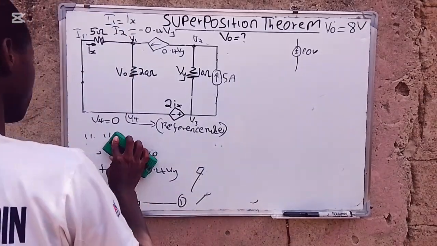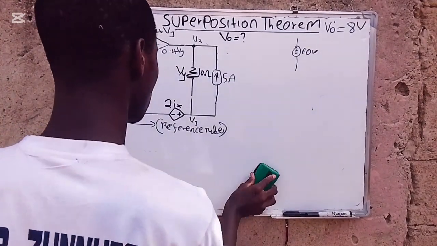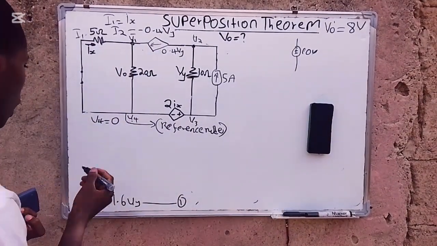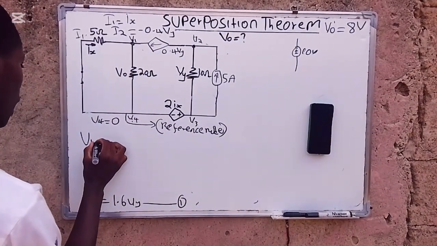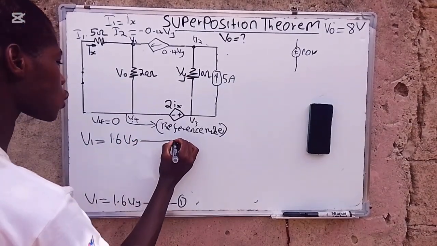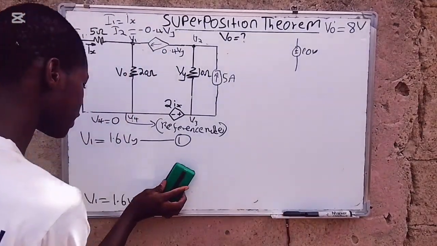Because the board is very small, let me just write the first equation and let's move to node 2, to see how we can find the second equation. V1 is equal to 1.6 Vy, known as equation 1. So what is the next thing to do?